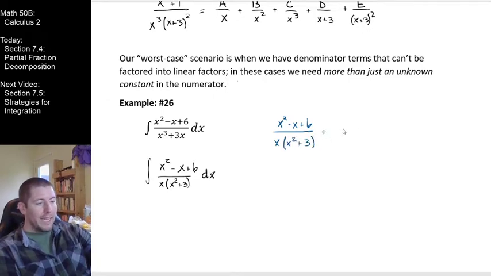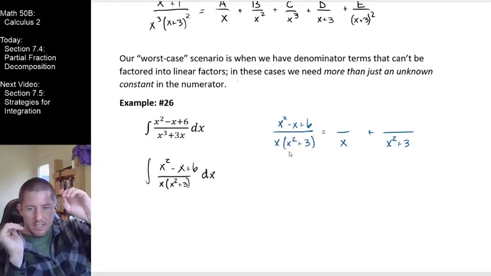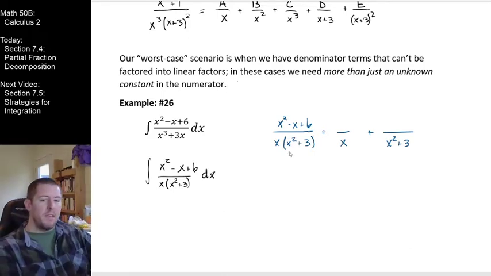What I would really like to have is a denominator of x and a denominator of x squared plus 3. Notice that this is not a repeated factor, because there's only one copy of the collective factor. It's true that one of the terms is squared, but the entire factor itself is not squared. It's not a repeat of the entire factor.